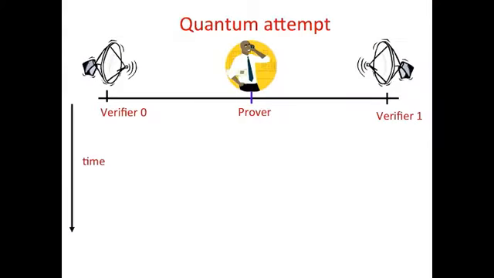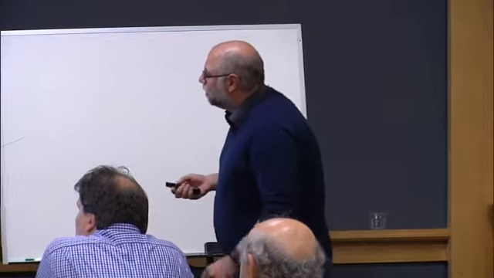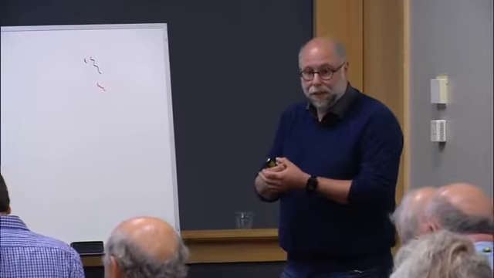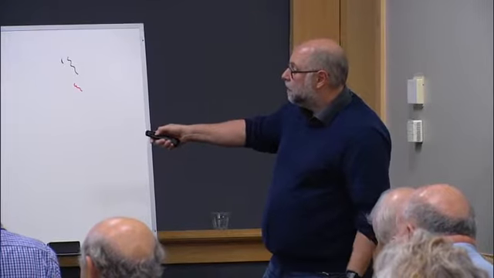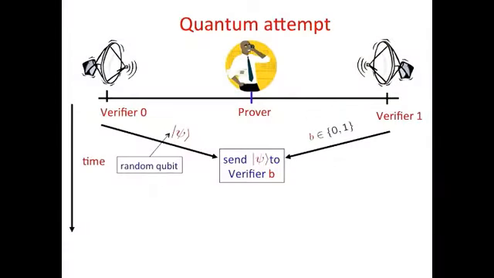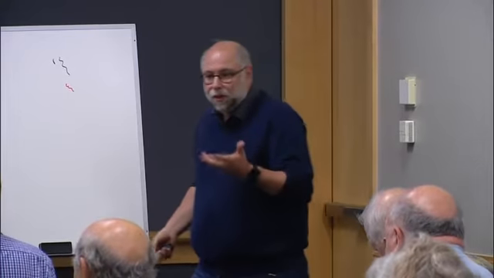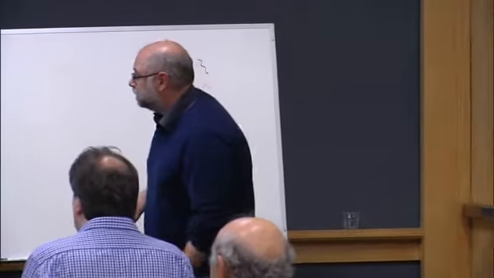Here's one, where we have a random qubit being sent by the verifier, and the prover, upon receiving this qubit and a bit sent by the other verifier, upon receiving both the state and the bit, sends the qubit on to one verifier if the bit is 1, and to the other verifier if it's 0. Then the verifier that received the qubit checks that it was the qubit that was supposed to be sent.